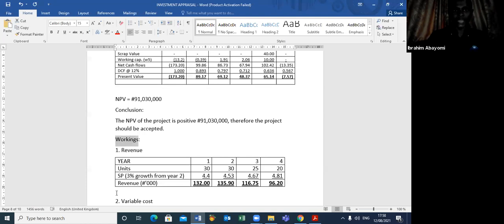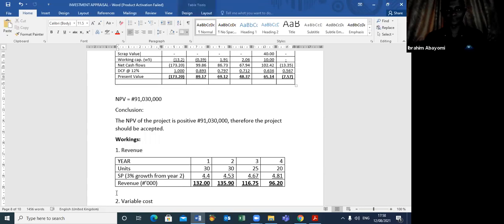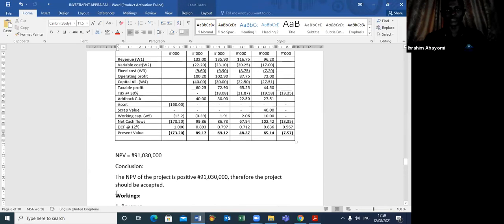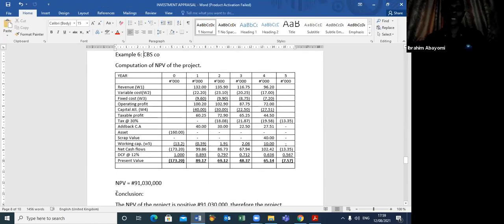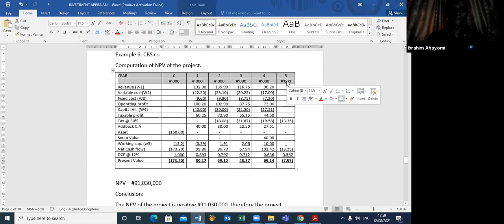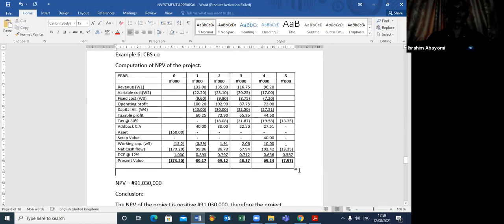So that is example 6. Any question on this before we go to the next one? Let me see whether 12 will do.